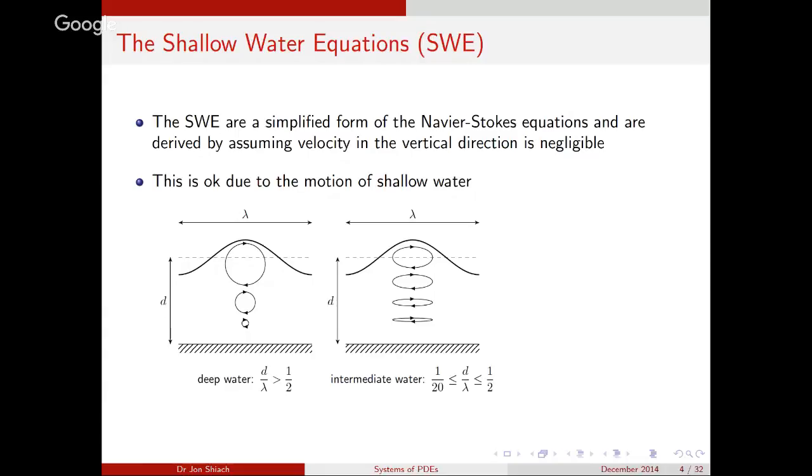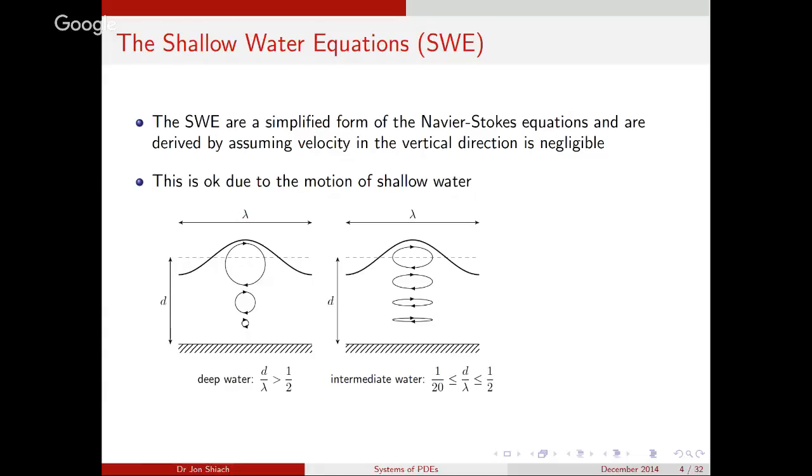The motion of particles tends to be in an ellipsoid. So we have an ellipse, and the minor axis, which is the smaller part, gets smaller. So we have a major radius, which is that distance, and a smaller minor radius that gets smaller and smaller.